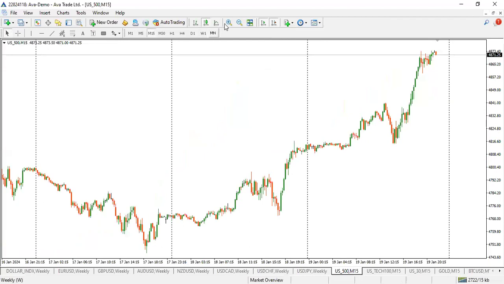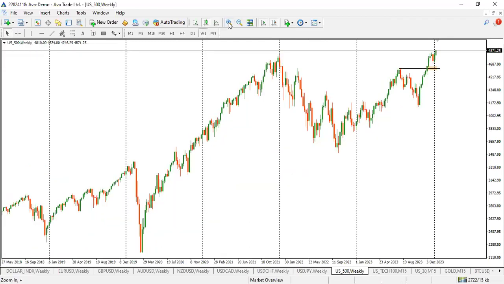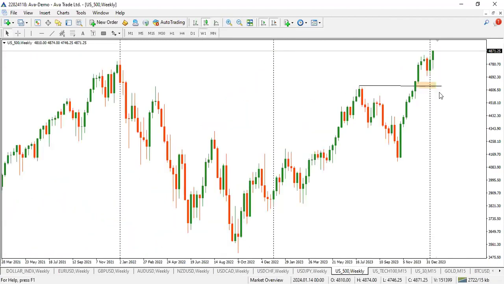For our indices, weekly time frame, I told us that the dollar is going to be bullish, so you want to see bearish indices. Unfortunately, they didn't do that. It was extremely bullish.